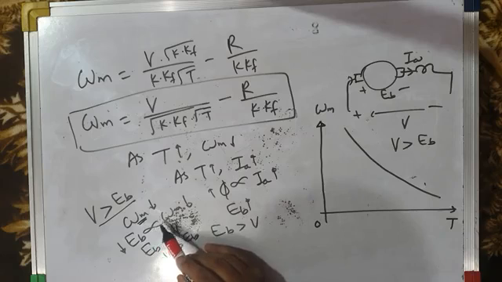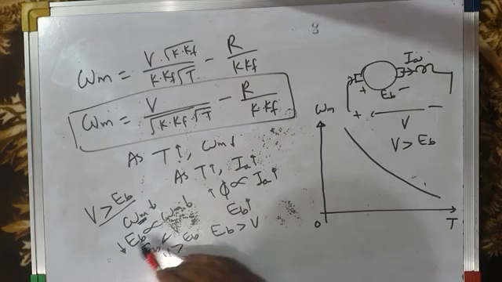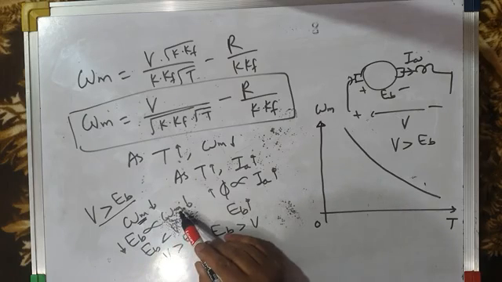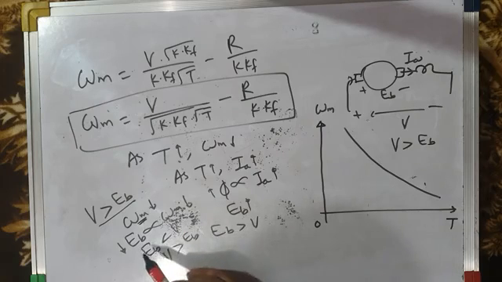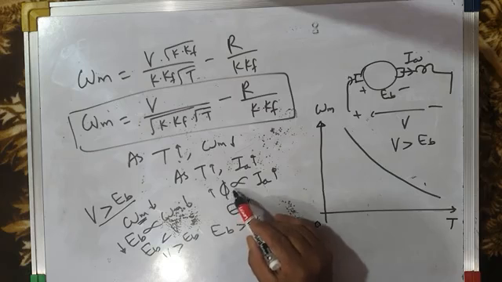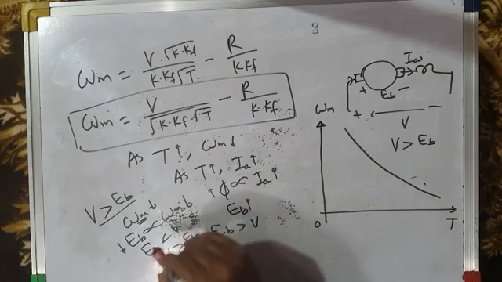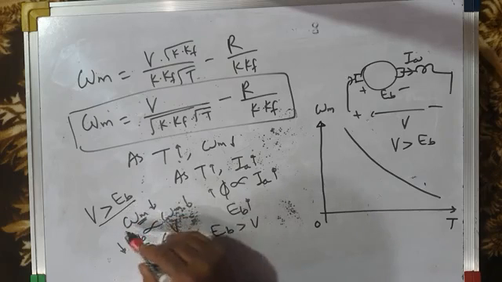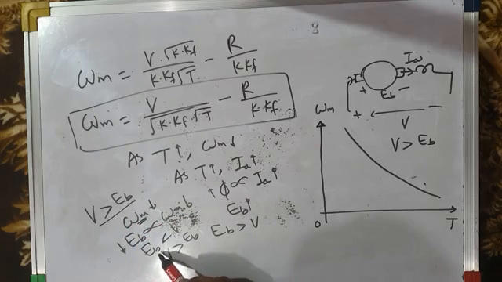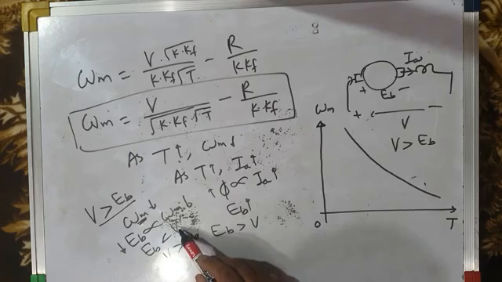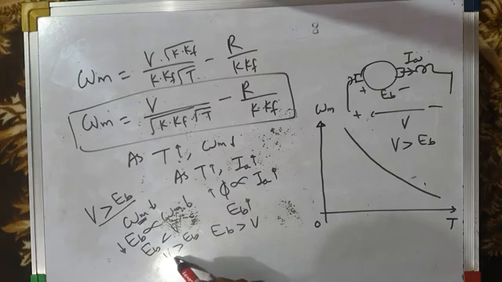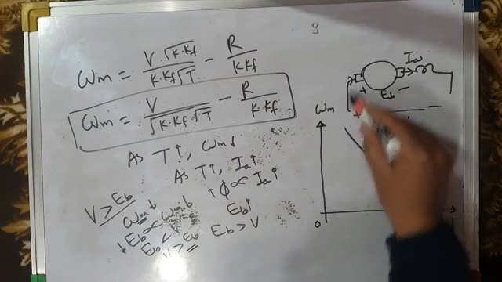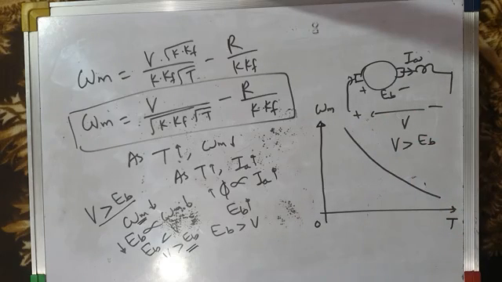When motor speed decreases, the back EMF also decreases, because back EMF is directly proportional to speed. And when back EMF decreases, the increase in back EMF on account of increase in load torque is offset by the decrease in back EMF due to the decrease in speed. So EB becomes less than V, or V automatically becomes greater than EB, and hence the motoring mode of operation always takes place.